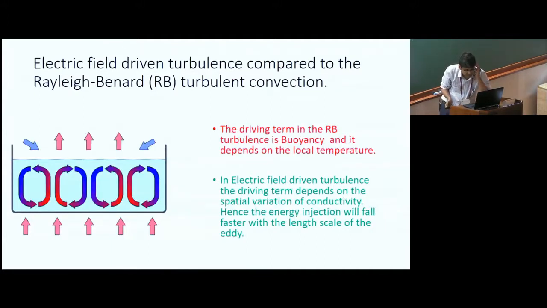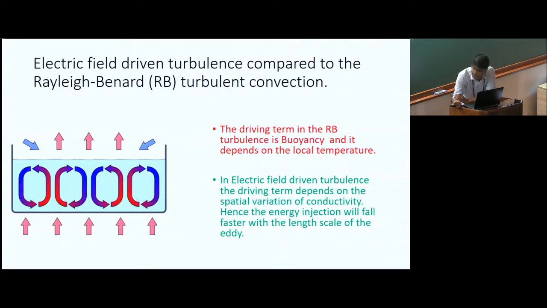So this was the connection I was trying to draw: if you have Rayleigh-Benard convection, then you have a forcing term which depends upon the height. As the liquid goes up, it gains potential energy, and that has a cost to the kinetic energy. So that's one driving term for the turbulence, and it depends upon the local temperature, just the scalar variable temperature.